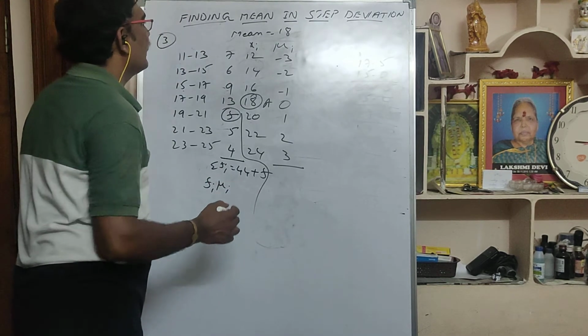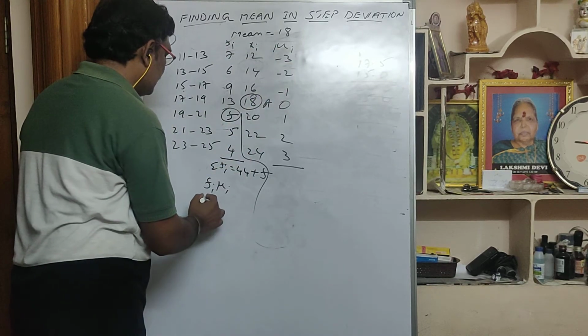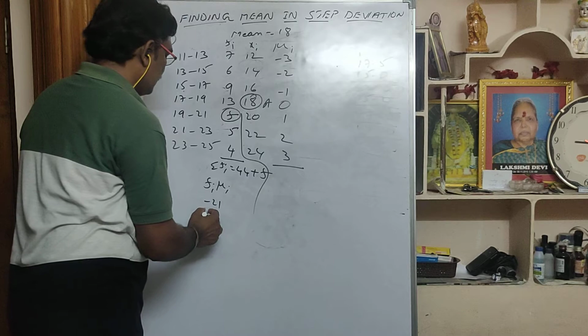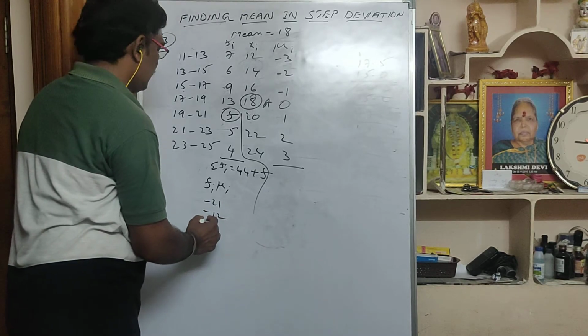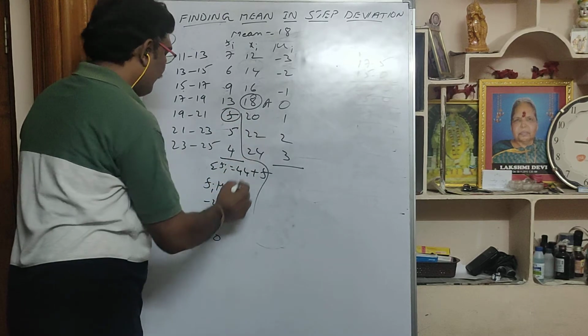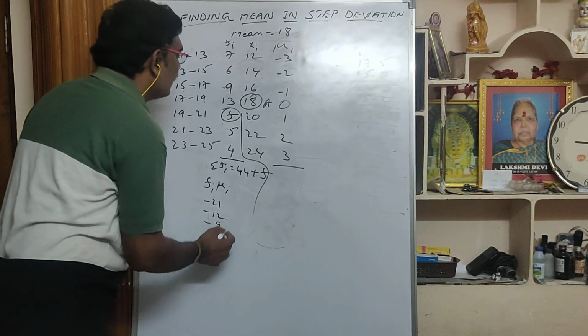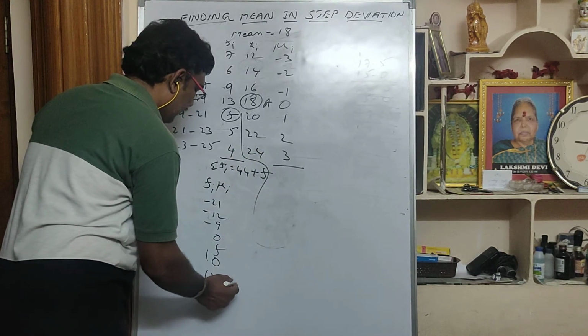Next go for fi ui. These two you have to multiply. 7 into minus 3, minus 21. Minus 12. Minus 9. 0. f into 1, f. 5 into 2, 10. 4 into 3, 12.